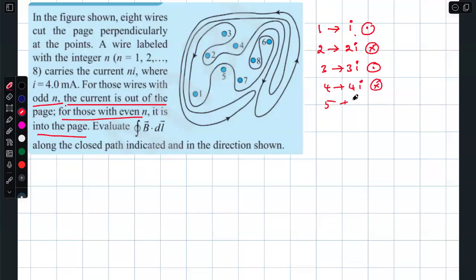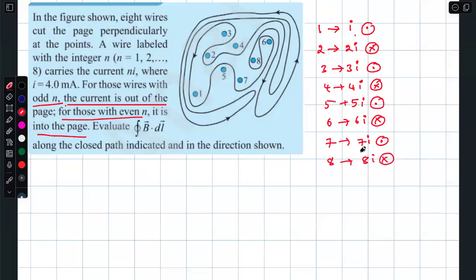Likewise, 5 carries 5I outwards. 6 carries 6I inwards. 7 carries 7I outwards. 8 carries 8I inwards.